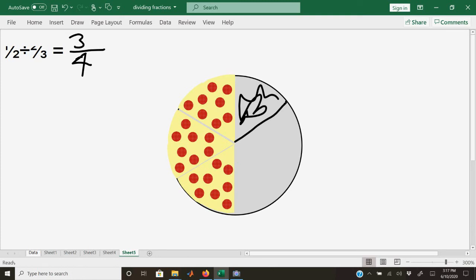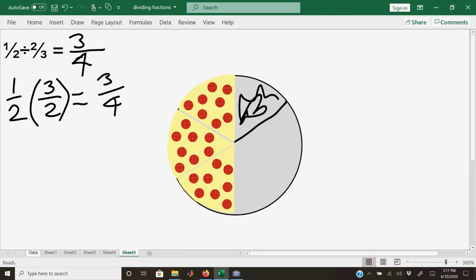And if I look at my fraction, if I take my half and multiply it by 3/2, I get my 3/4. So if I have a half and I divide that by 2/3, I find that I only have 3/4 of the 2/3 that I need.